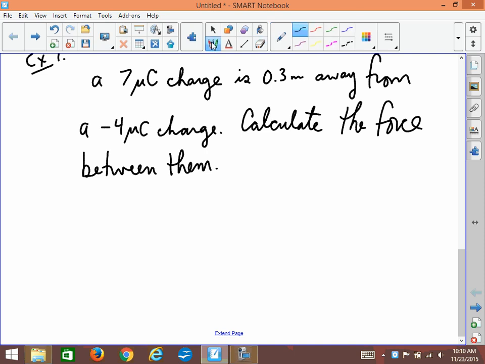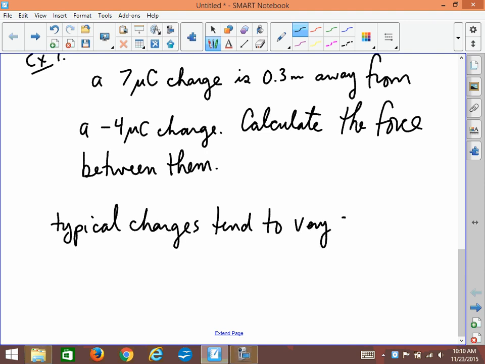Because the coulomb of charge is such a big unit, 1 coulomb is big, so the typical charges that you see on things tend to be very small when we're doing questions and problems, and even in real life.